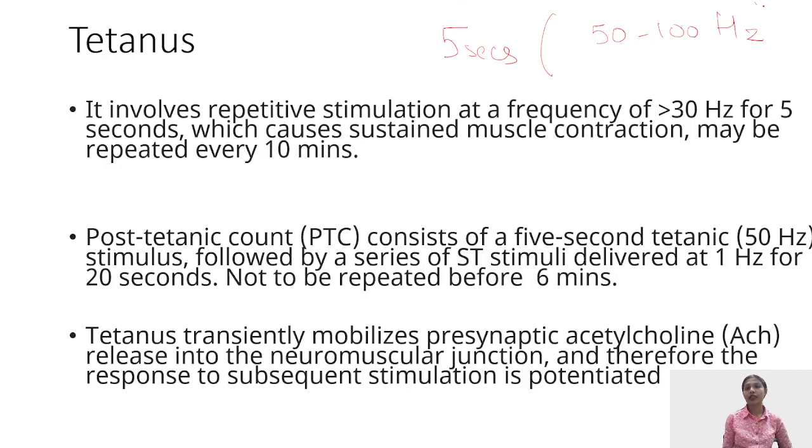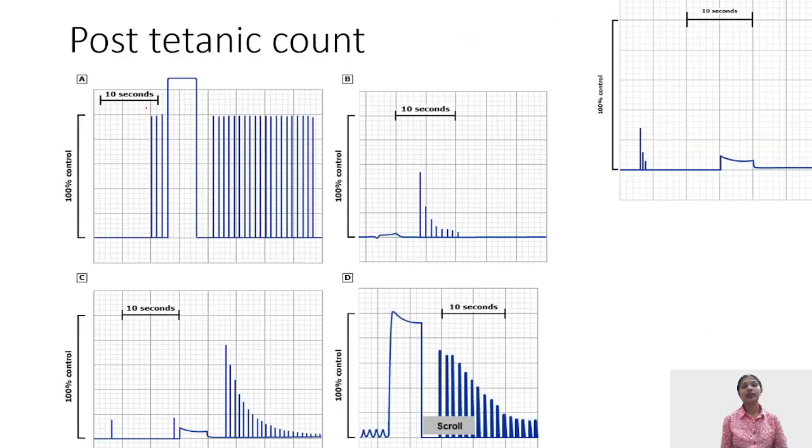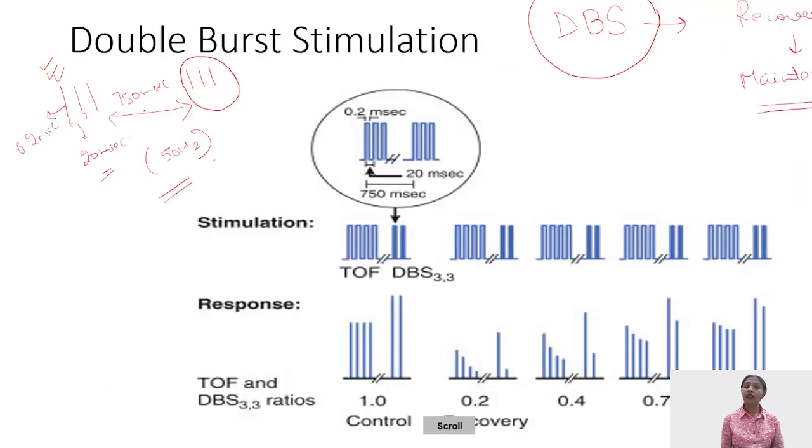One thing I forgot to mention about DBS is that the same thing happens there. When we talk about depolarizing blocks, there is no fading, only the amplitude changes. Whereas in non-depolarizing blocks, the fade phenomenon is seen, or in phase 2 blocks also, the fade phenomenon can be seen.